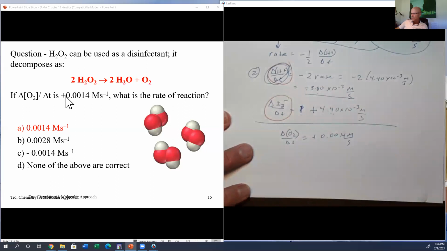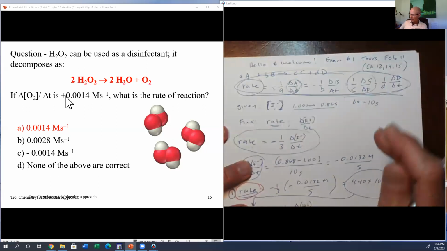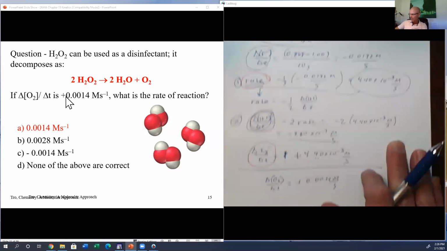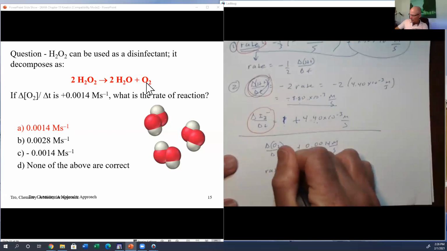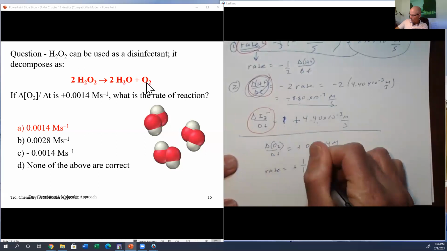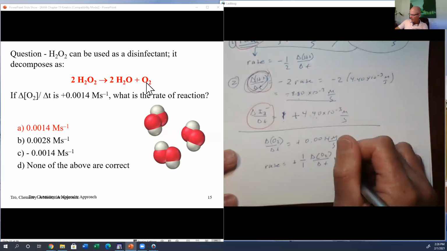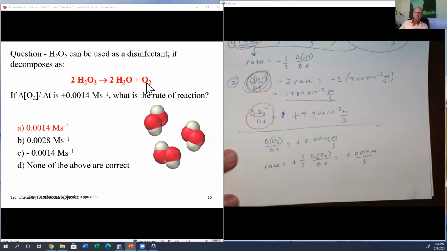So we go back to our definition of rate, and we see that for a product, the rate is 1 over the coefficient times the change in concentration of that product. What's the coefficient for O2? It's just 1. So the rate is equal to positive 1 over 1 times delta O2 over delta T. So that's just 0.0014 molar per second. Got it?